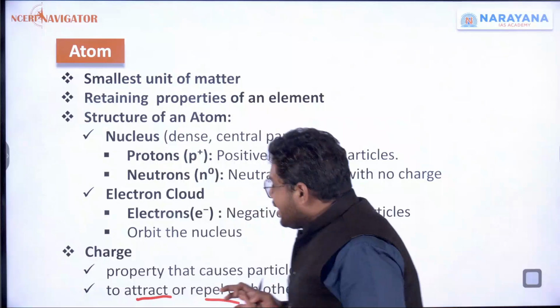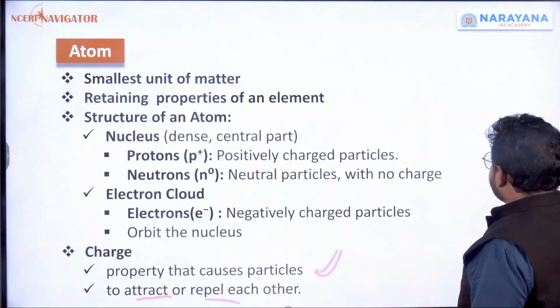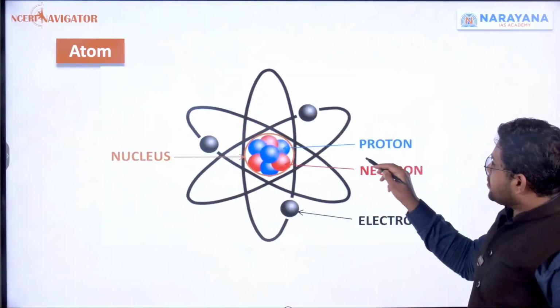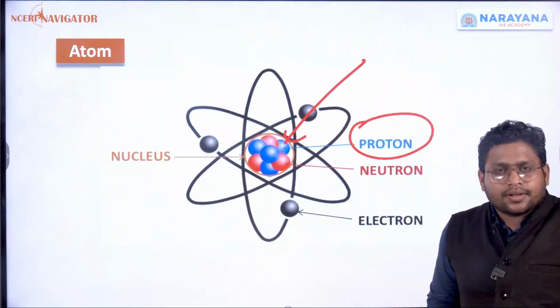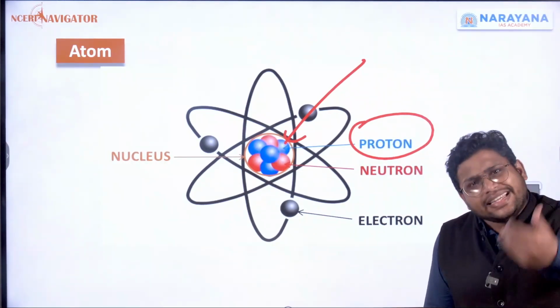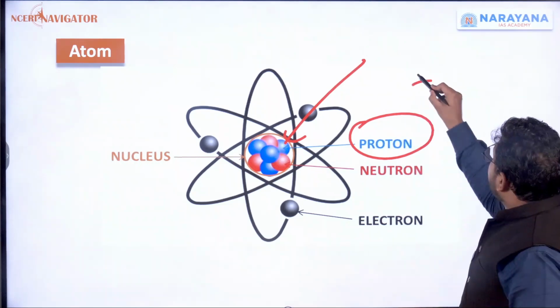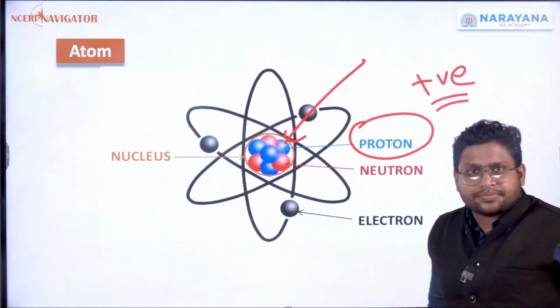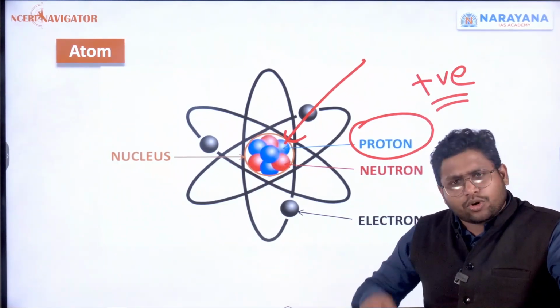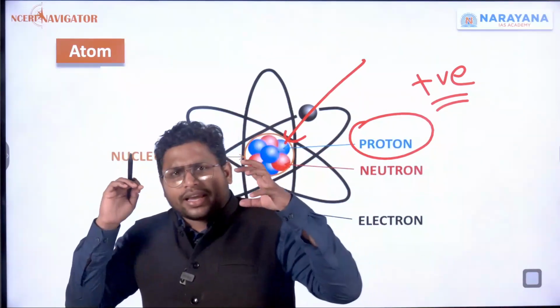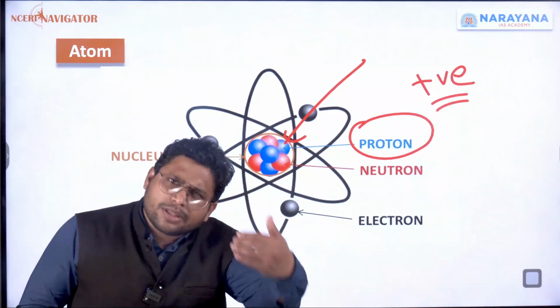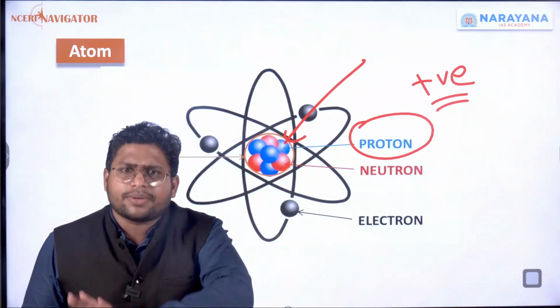Okay, and interestingly, when we look at these protons, the blue color over here is proton. So the protons in any atom are positively charged subatomic particles. If you go for any atom of any element, in that atom there will be some protons, some neutrons, some electrons.